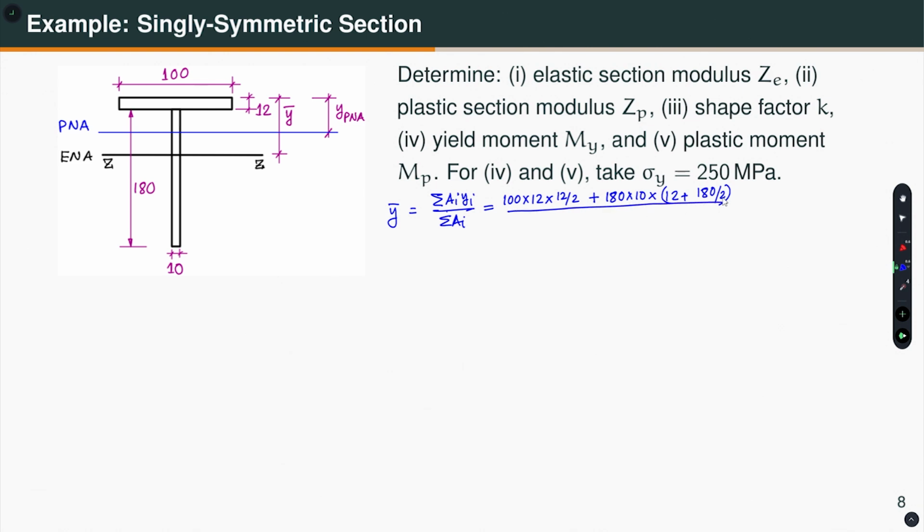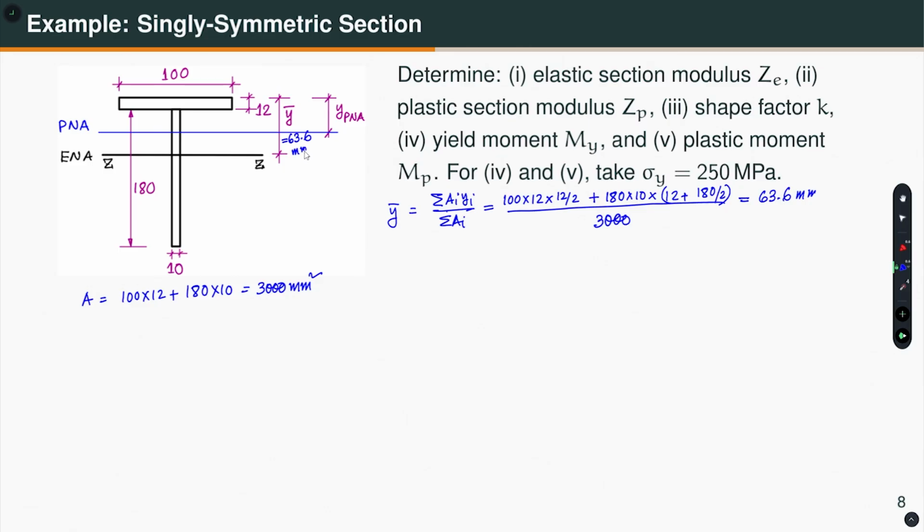The whole area happens to be A equal to 100 into 12 plus 180 into 10, and that is 3000 mm square. So, this divided by 3000, if you do the calculation, you get 63.6 millimeter.